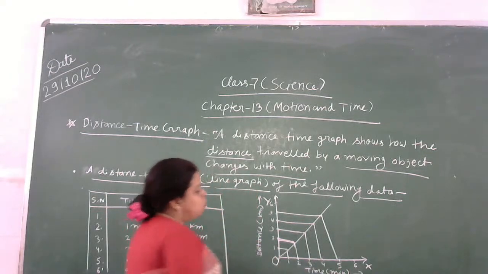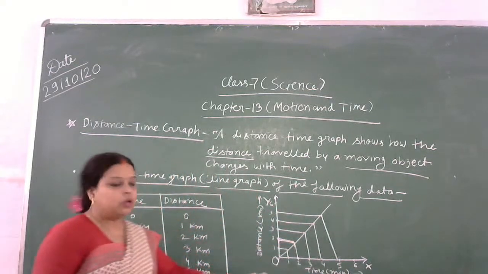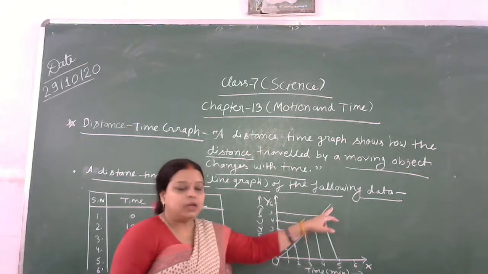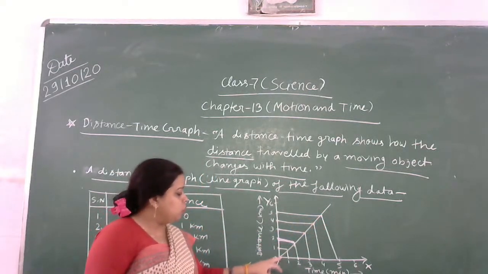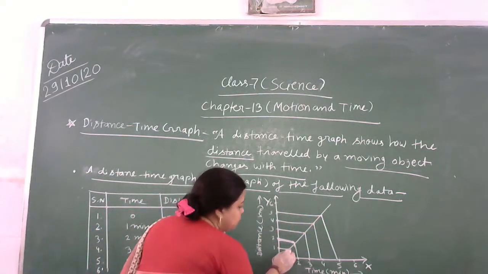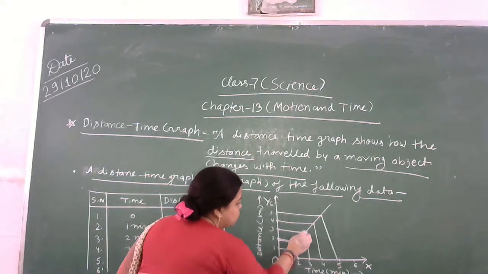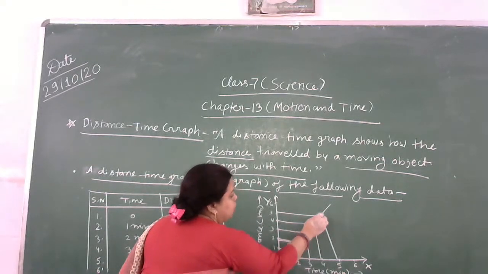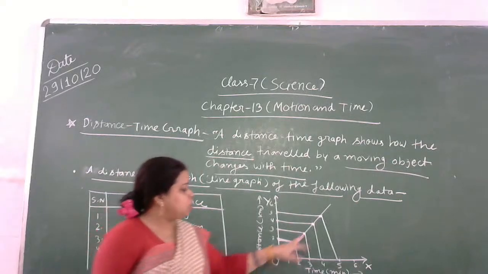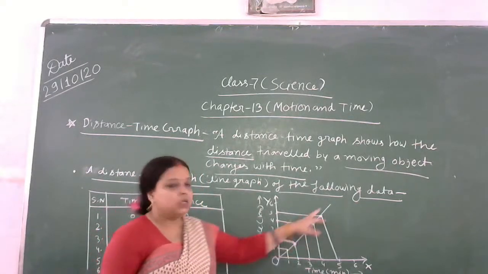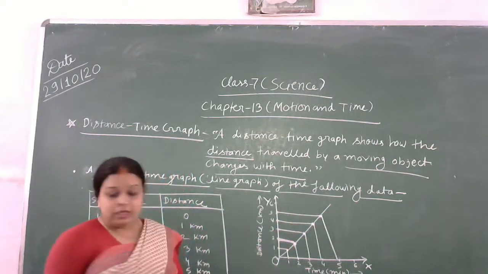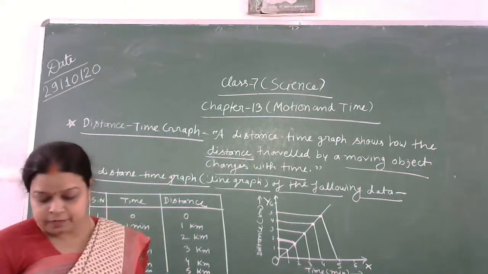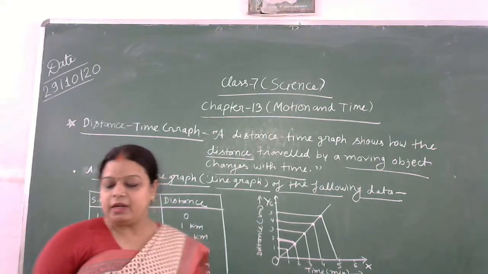What we see here is that we get a straight line, because these are the cross points where they cross each other. Now, when we join these points, we get a straight line.